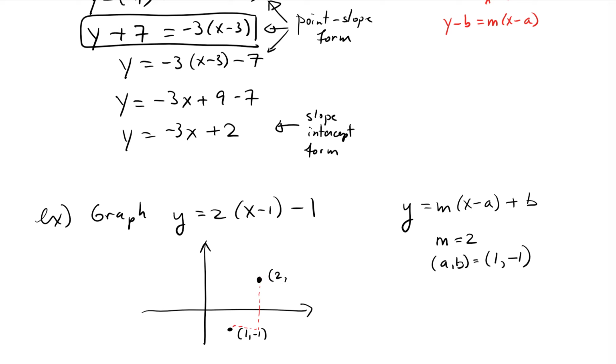Go forward by 1, the x coordinate changes to 2, go up by 2, it's (2, 1). I could check that this is correct by replacing x by 2 above. So if I replace x by 2, I get 2 times (2 minus 1), so 2 times 1, which is 2, minus 1, 1. Yeah, it works. (2, 1) is a point on this line. Okay, so that's one way.